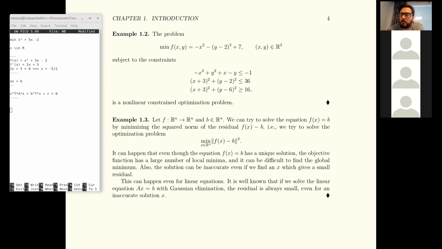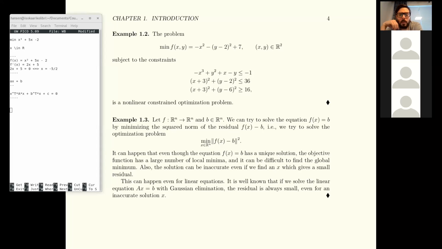Once I told him that I would be doing my master's thesis in optimization, he said, that's great, because optimization is the biggest discipline in mathematics, because everything can be transformed into optimization.